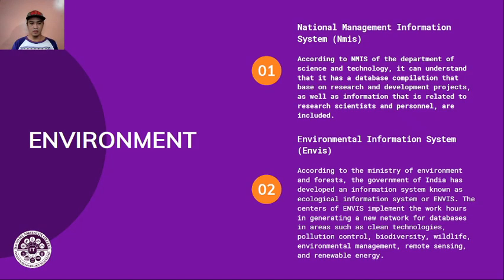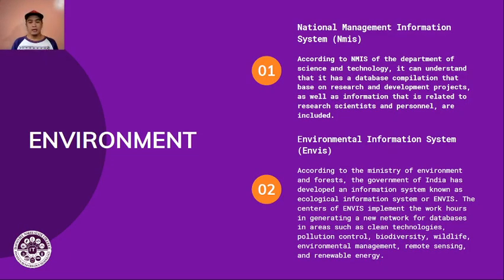There are actually a few types of information systems or systems that were applied in the field of environment. So let's talk about number one. That's the NMIS, or we call it the National Management Information System.